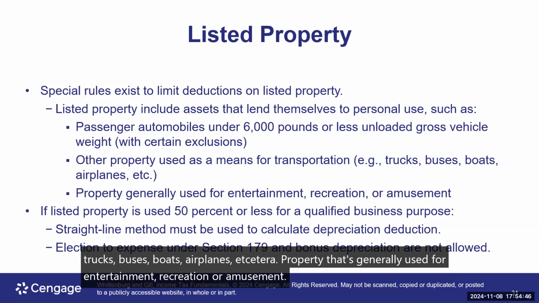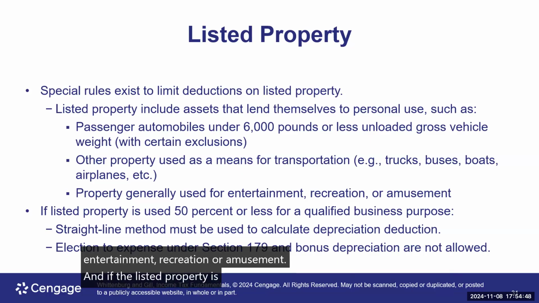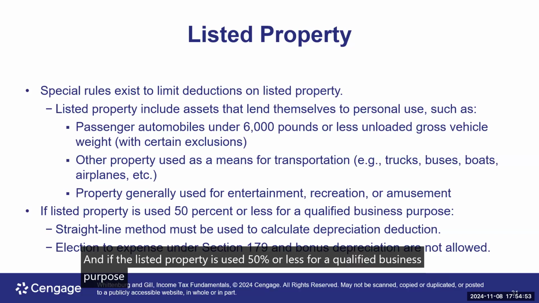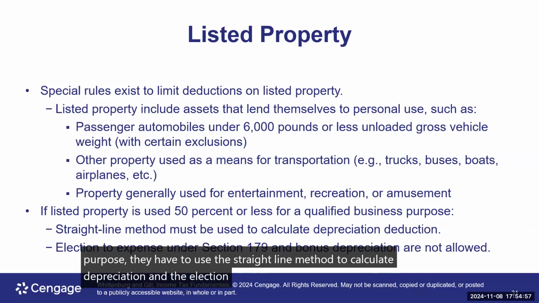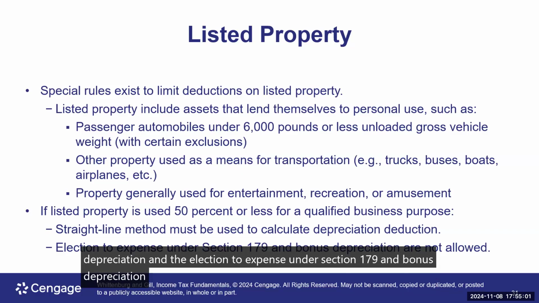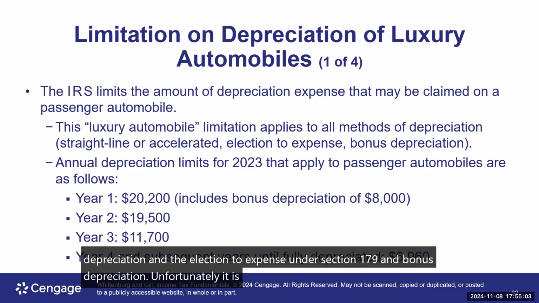If the listed property is used 50% or less for a qualified business purpose, they have to use the straight line method to calculate depreciation, and the election to expense under Section 179 and bonus depreciation, unfortunately, is not allowed.